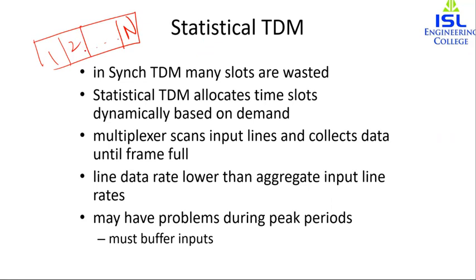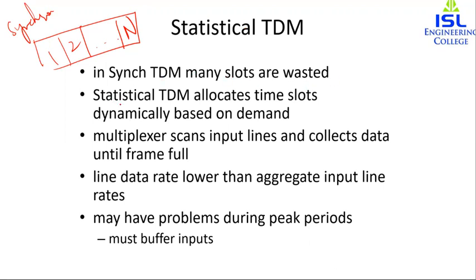In synchronous, each device is given a time slot irrespective of whether the device contains data or not. So we are wasting time slots even if the data is not there. In synchronous time division multiplexing, many slots are wasted.